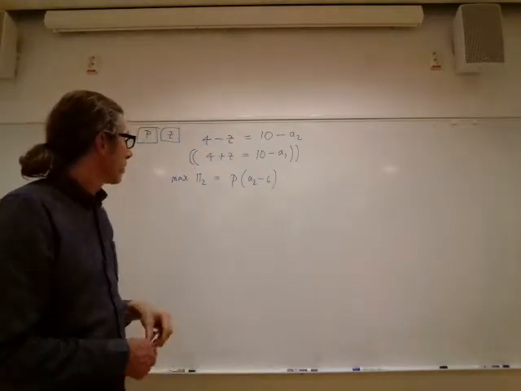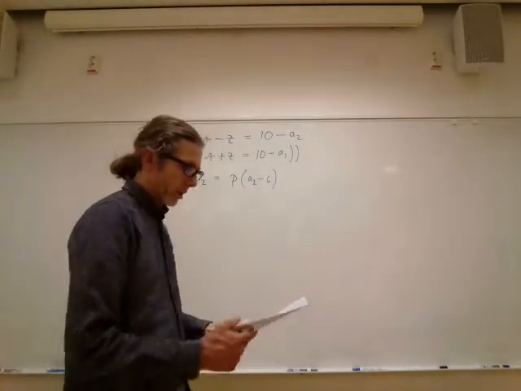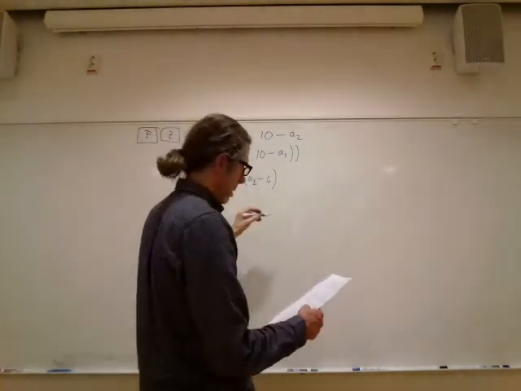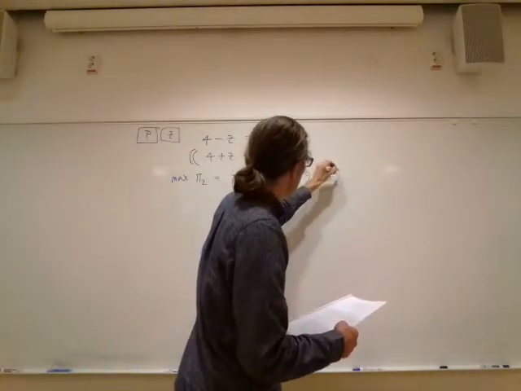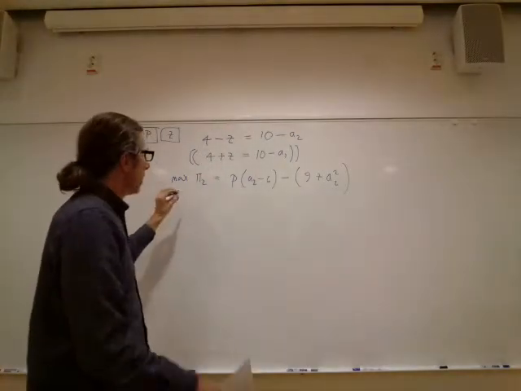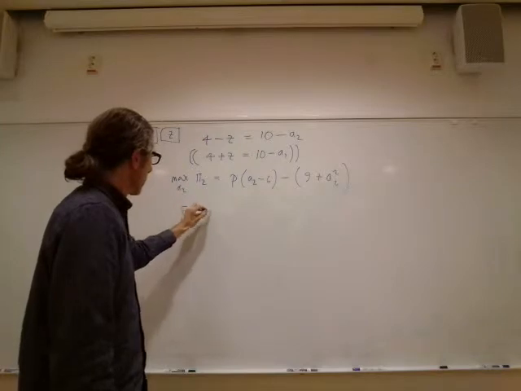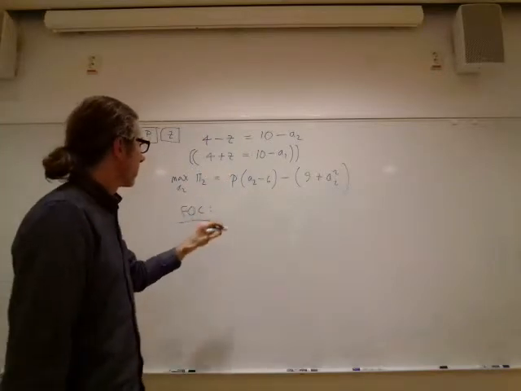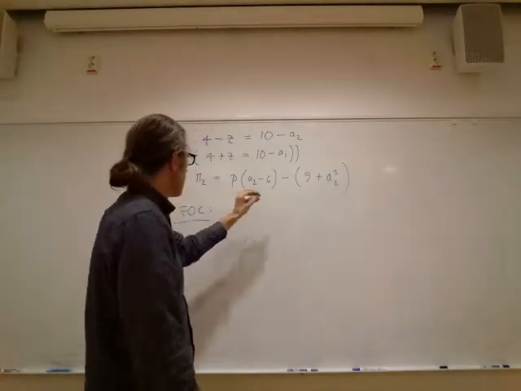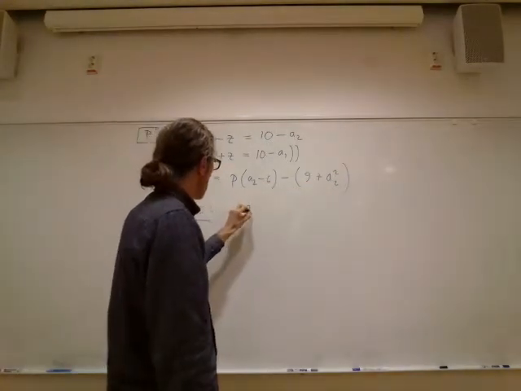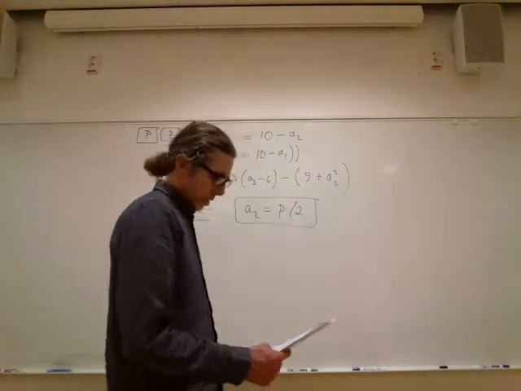So that's the revenue from selling permits, but then we've got the costs of abatement, which are minus 9 plus A2 squared. So the firm is choosing A2 to maximize that. If we take the first order condition, we get that P minus 2A2 equals 0, P equals 2A2. A2 is P over 2.